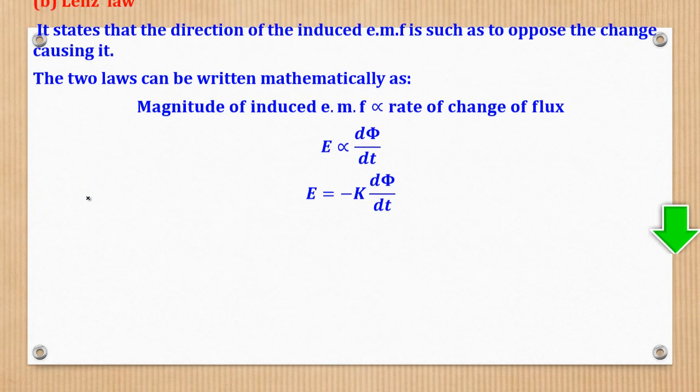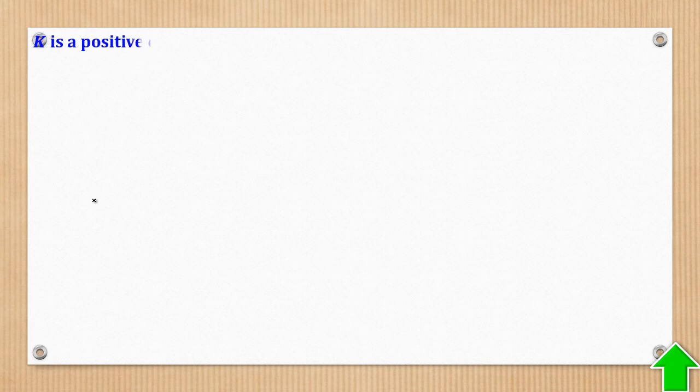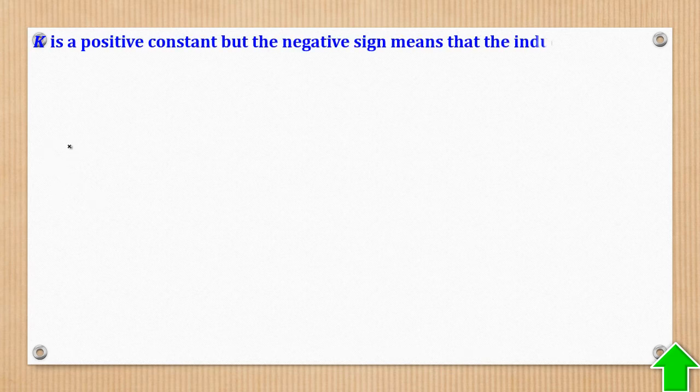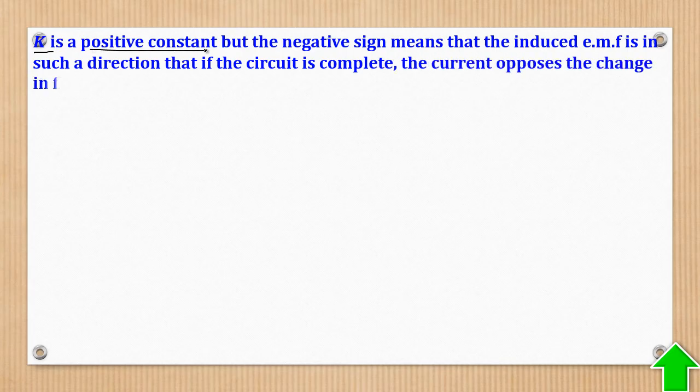But let's talk about it more, why the negative. K is a positive constant, but the negative sign means that the induced EMF is in such a direction that if the circuit is complete, the current opposes the change in flux.